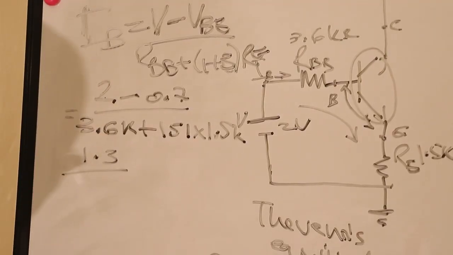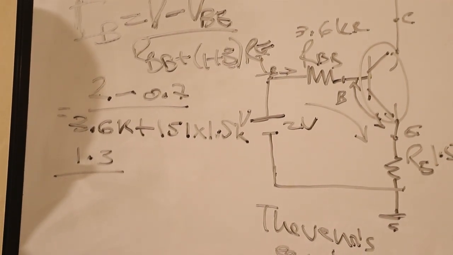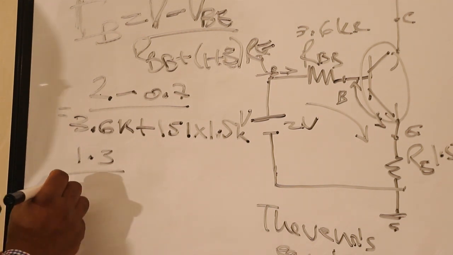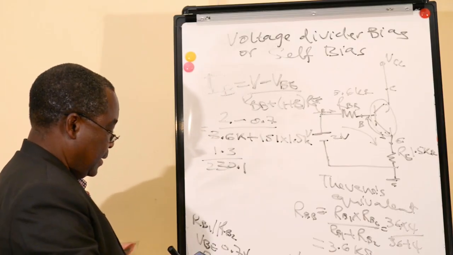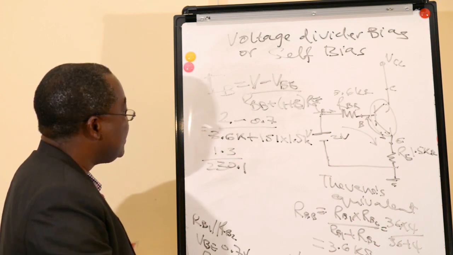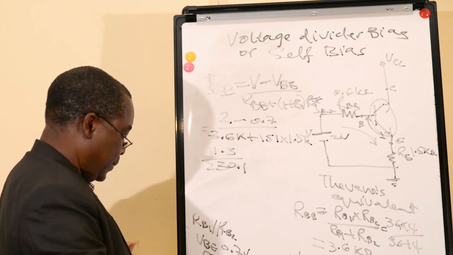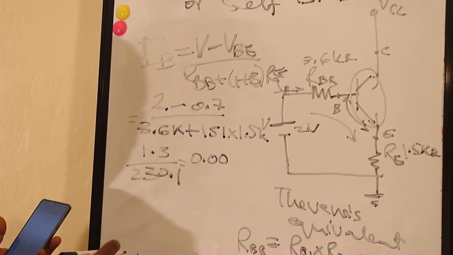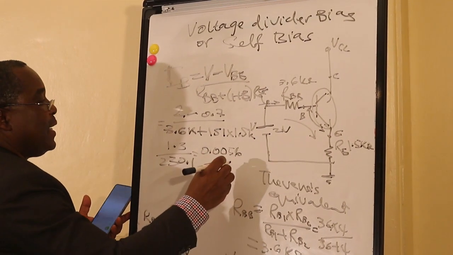151 times 1.5 plus 3.6, we have 230.1. And we divide it, 1.3 divided by 230.1, we have here 0.00565649.